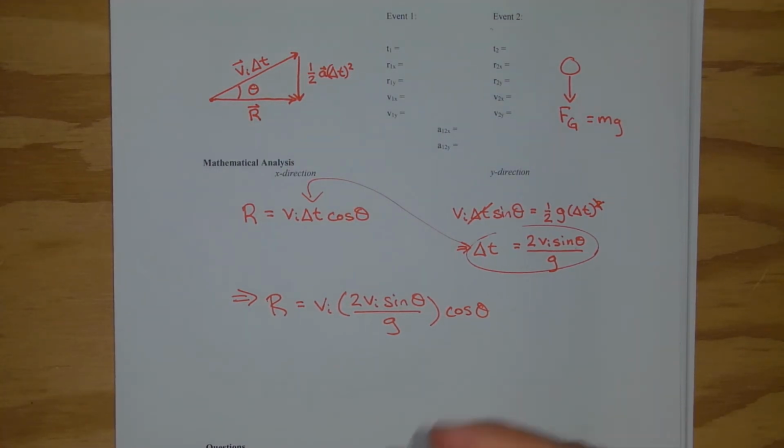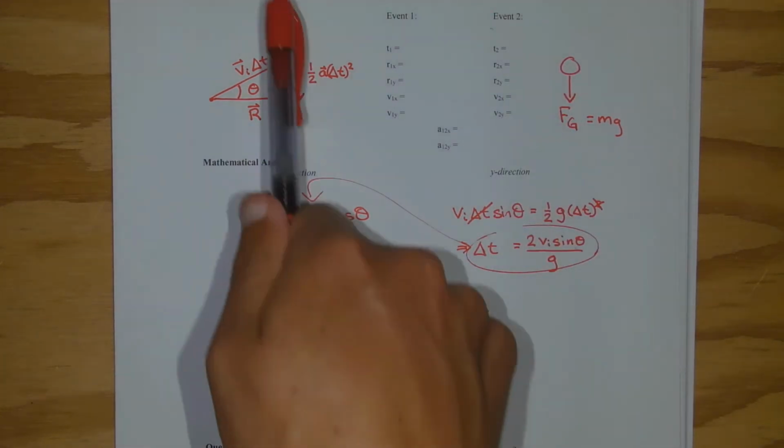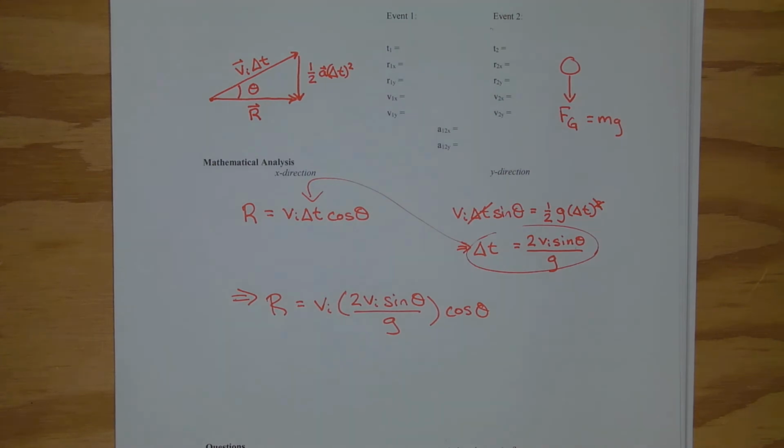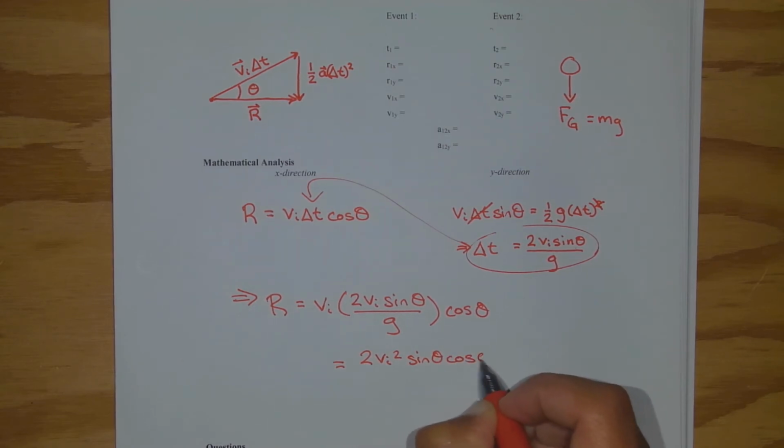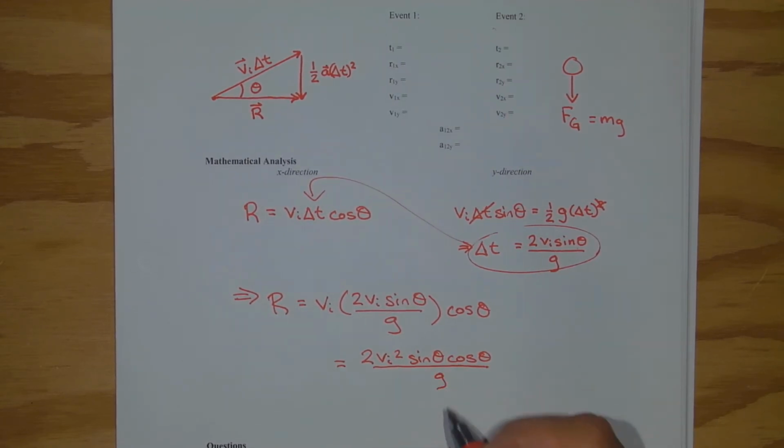And now everything that I have in my equation here, vi is known, theta is known, g is known. So everything I have in my equation is a known quantity. So this is the answer, but we can simplify it. And this is 2vi squared sine theta cosine theta divided by g. And you can leave the answer like this.